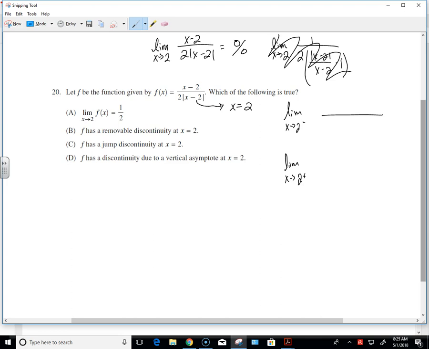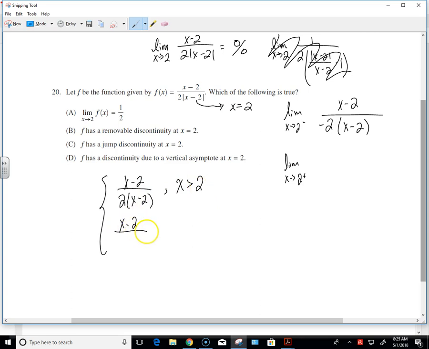So technically, hold on, coming from below, I need to make it the opposite normal sign. That's also what you could do if you made this a piecewise function. You could say, well, sometimes the absolute value stays the same as long as that expression will be positive. And sometimes the absolute value needs to change or flip, but only when the expression will be negative.